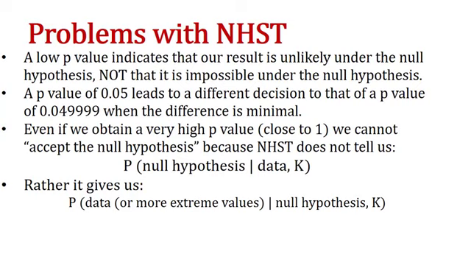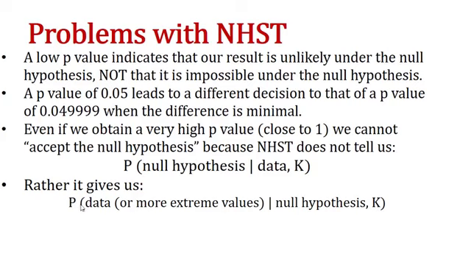But we can't get that with the NHST approach. As I showed you before, we need to assume that the null hypothesis is true to generate the sampling distribution. So that's why we have this: given that the null hypothesis is true and background knowledge.